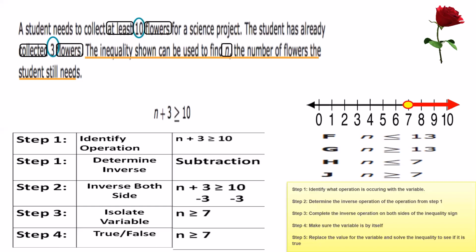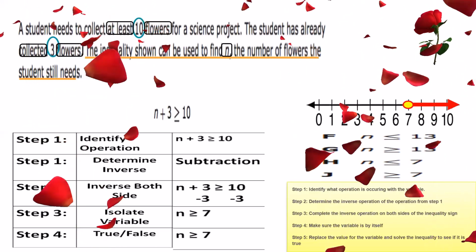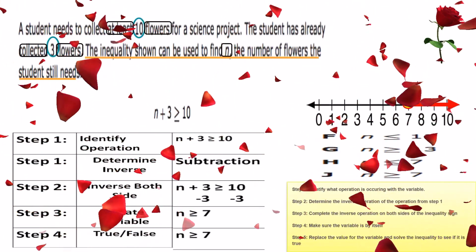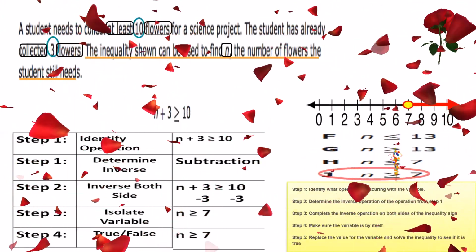G also, just looking at 13, I would go ahead and eliminate G right off the bat. H looks very familiar. The only thing about H is that it states n is less than or equal to 7, and our inequality shows us that n is going to be greater than or equal to 7. Your answer should have been J.